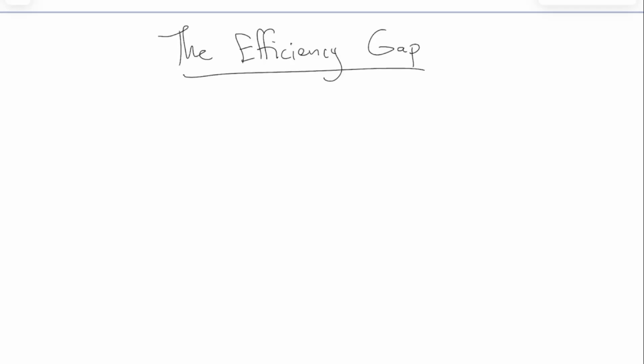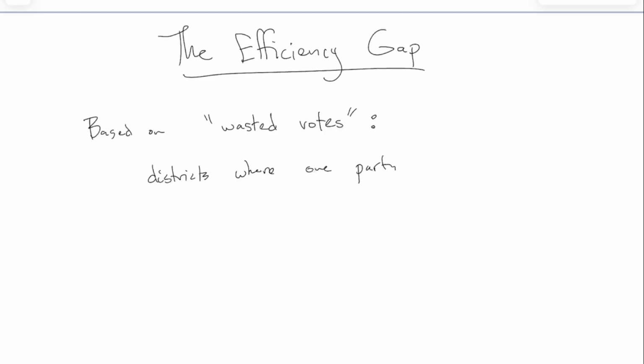And the basic concept behind the efficiency gap is that it's based on the idea of wasted votes. These are districts where one party has way more votes than they need.